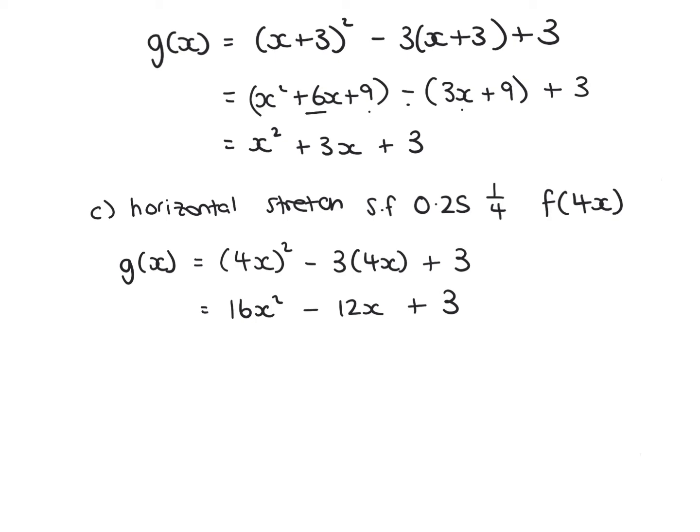So lastly, question 7. Question 7 says sketch the graph of f of x equals x squared minus 6x minus 7, showing clearly the coordinates of maximum and minimum points and where the curve meets the axes. So x squared is positive, so I know this is going to have a minimum turning point, and I want to find where it crosses the axes. So the first thing I'm going to do is try and factorise this.